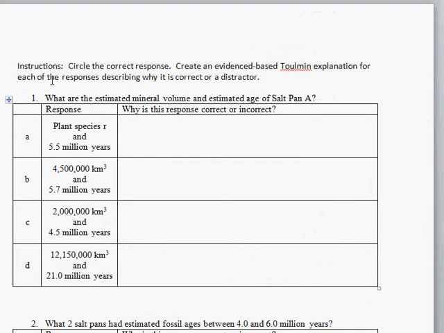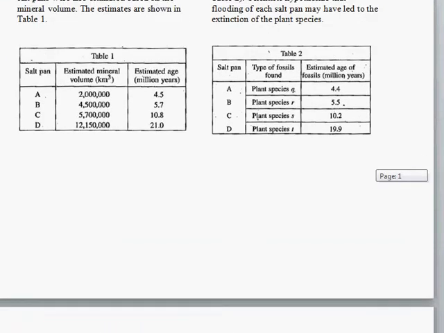Now, let's look at the question. What are the estimated mineral volume and estimated age of salt pan A? So we're looking for 2 things.